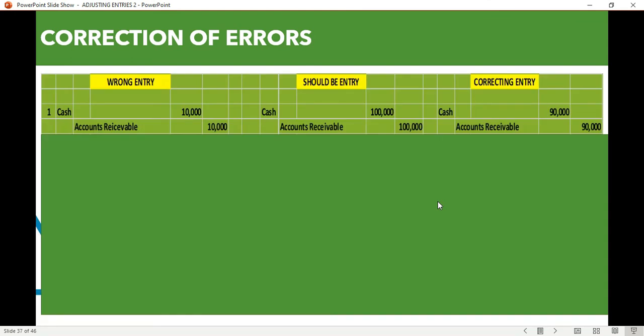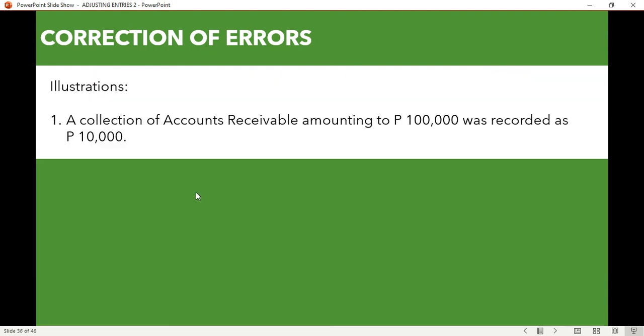Okay, what I will do is present to you the wrong entry committed, and then I will show you the should-be entry, or the correct entry, so that we would be able to compare the wrong entry made and the should-be entry so that we can properly make the correcting entry. So what is the error here?